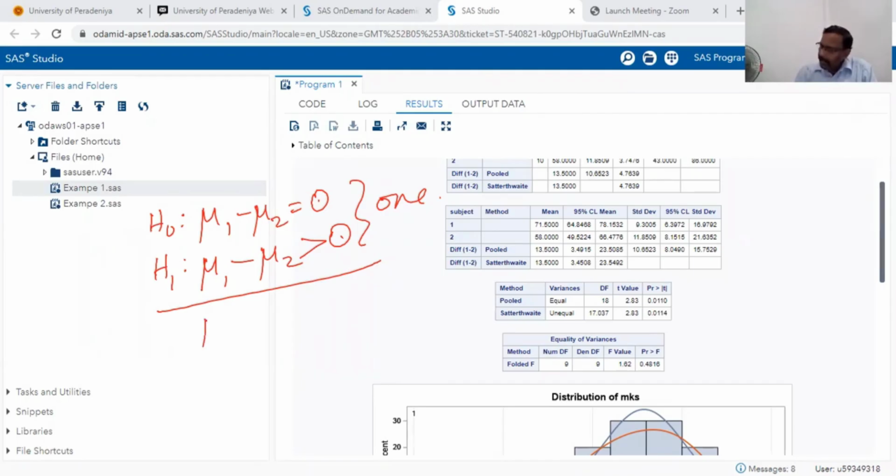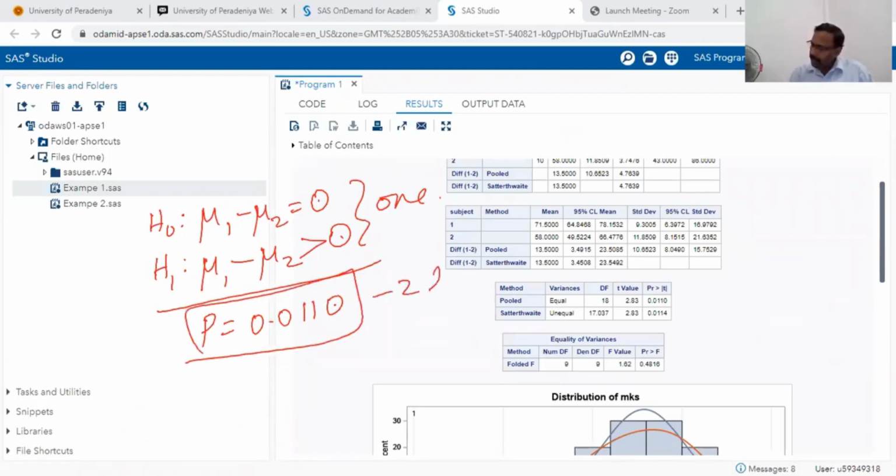For that, again, we take the p-value. Now, the same p-value, 0.011. Now we cannot take this p-value as it is. Why? It is a two-tailed p-value. Now we'll have to take it for one tail.